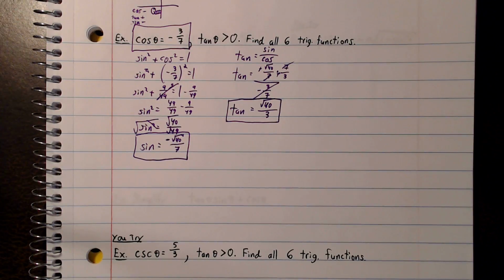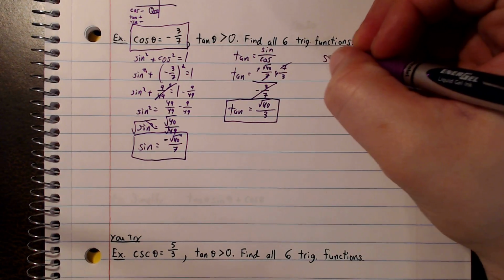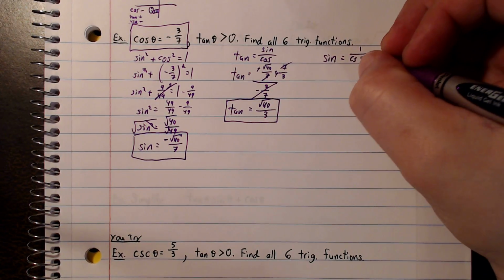Alright, now you've got the other three trig functions, ones that we're not so used to working with most of the time, right? Secant, cosecant, and cotangent. Well, we know the reciprocal identities working with sine, cosine, and tangent that we can use to get those other three. We know sine is going to be equal to 1 over cosecant.